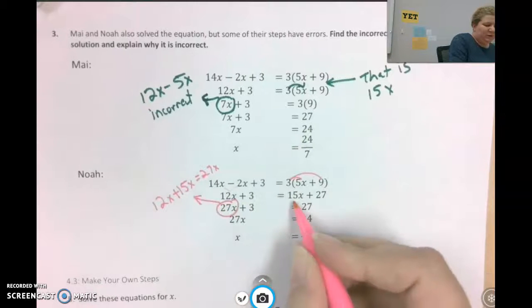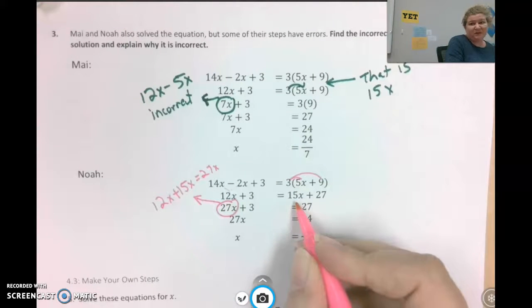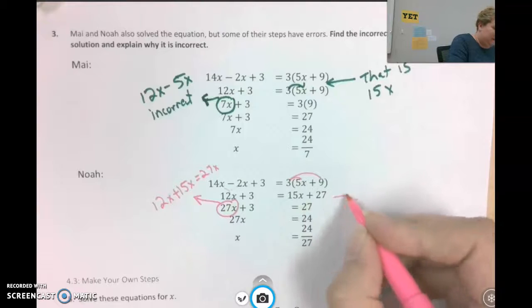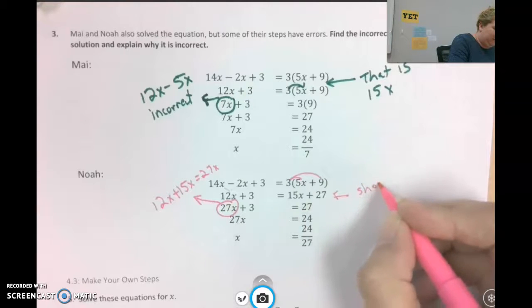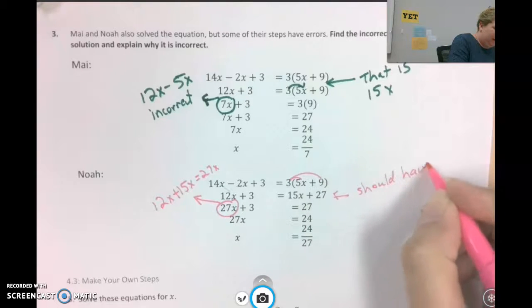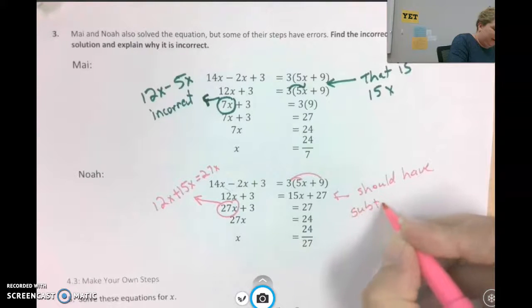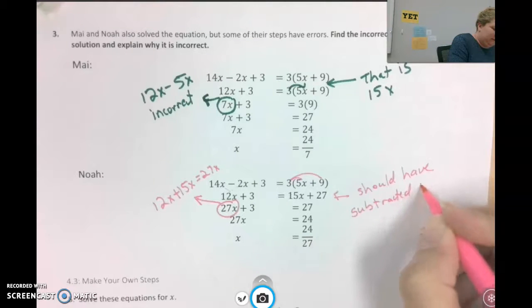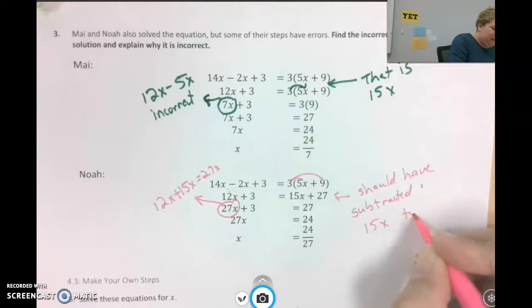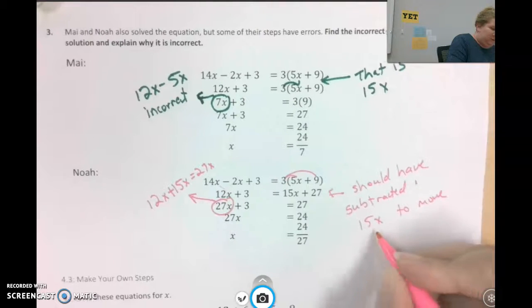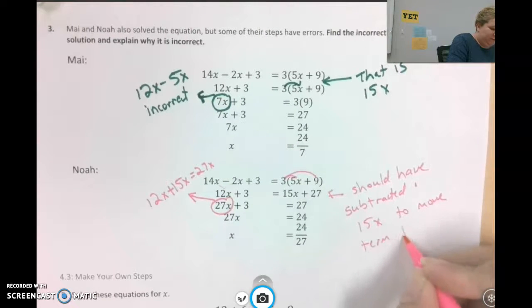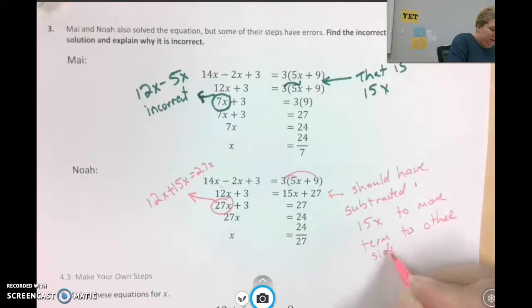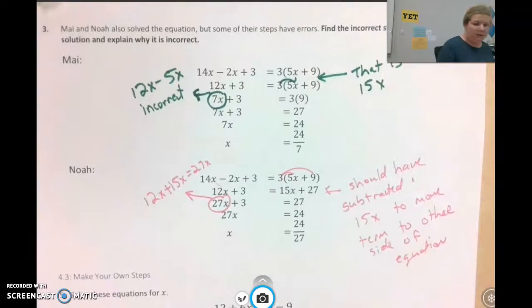Okay, but what should have happened was we should have subtracted the 15x to move the term to the other side of the equation. Okay. And this is teacher work, y'all.